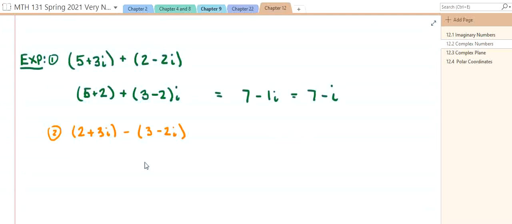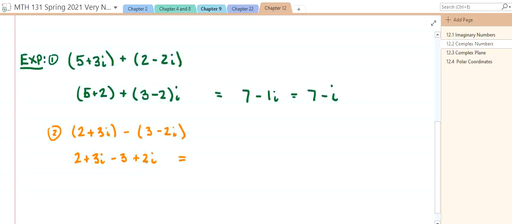Now, subtraction can also be done, and it can be handled in the same way. But what I like to do in these subtraction problems is distribute the minus sign through here. So this is minus 3, and then minus times minus 2i is a positive 2i.